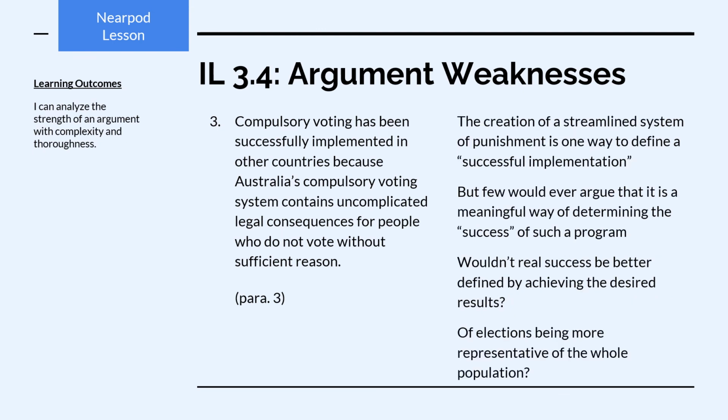So the creation of a streamlined system of punishment, that's one way, I guess, to define a successful implementation, but few people would ever argue that it is a meaningful way of determining the success of such a program. Wouldn't real success be better defined by achieving the desired results, which are making our elections more representative of the population as a whole?